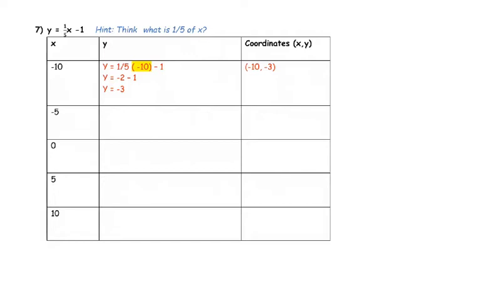Here we have number 7. One-fifth. That is the same as dividing by 5. So do not get yourself caught up on that, okay? We have our x's given to us.